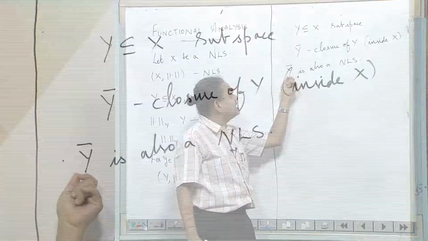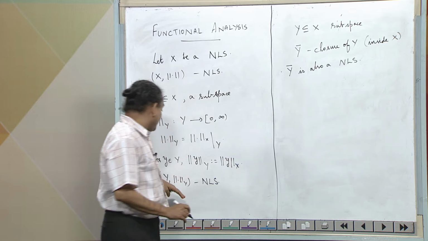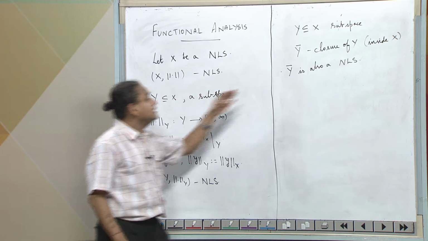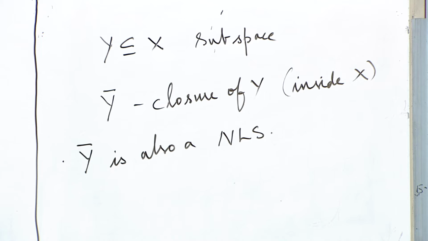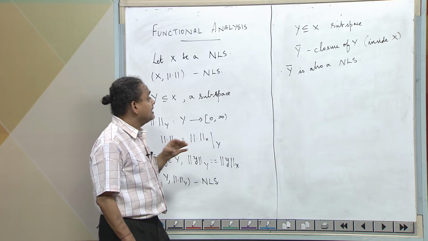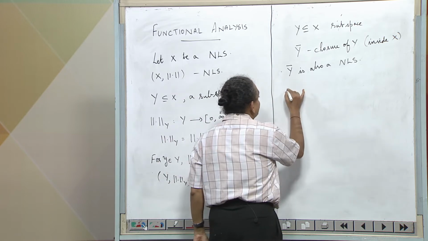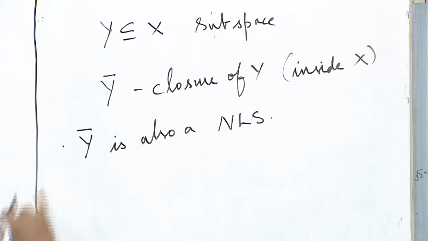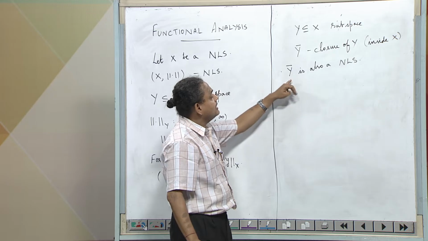First, you need that this Y closure should be a subspace. Once we show that this is a subspace, then the procedure we have just seen will help us show that this is a normed linear space.